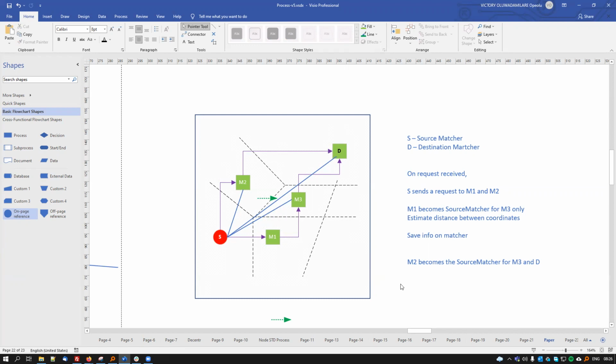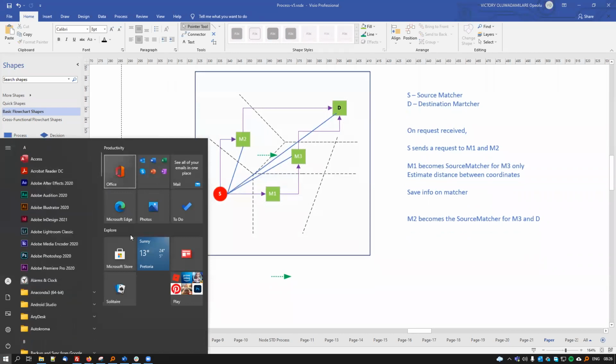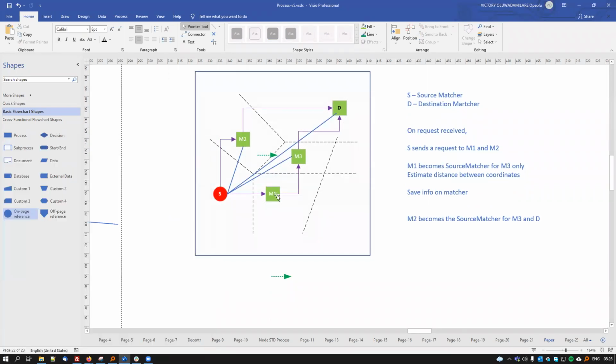So, Victor, tell me what you're going to do next. What I'm going to do next is clean up the paper, especially the introductory part. I have started it.